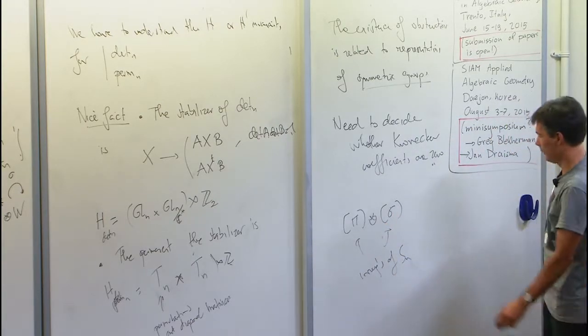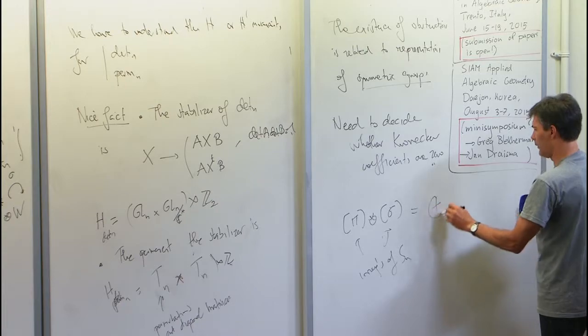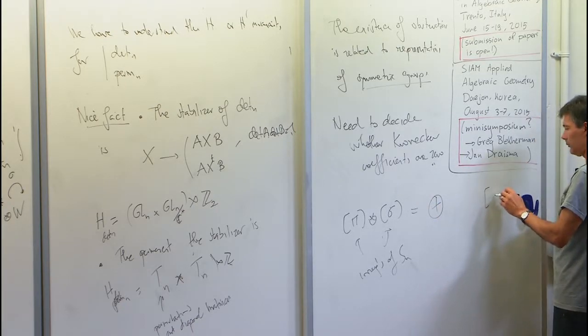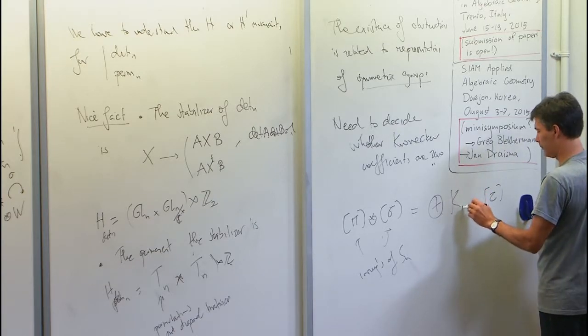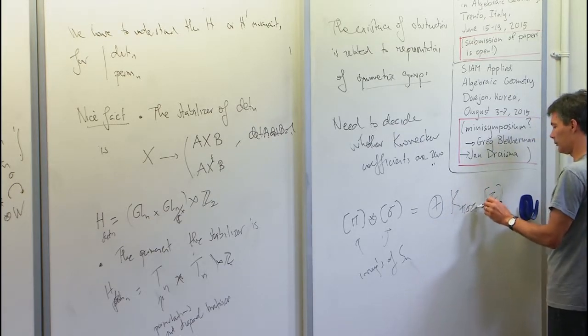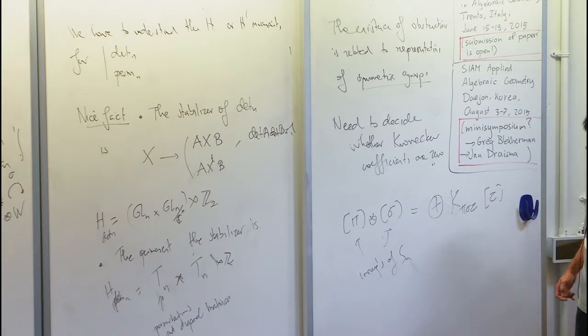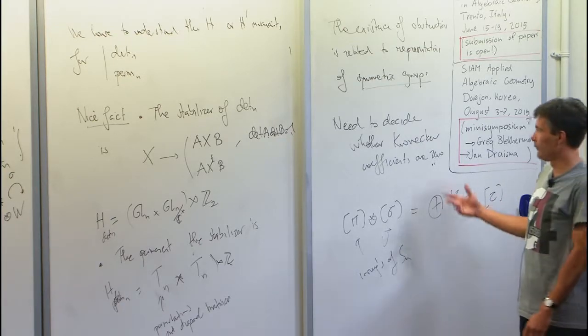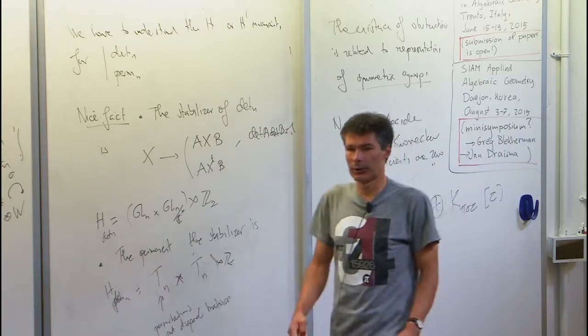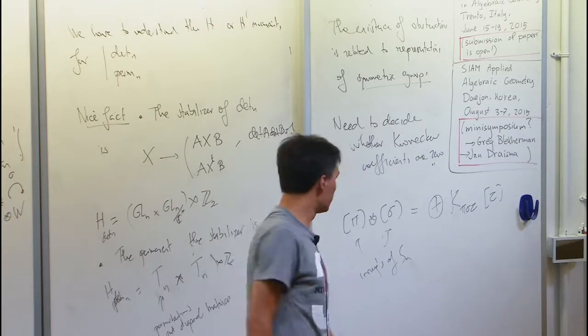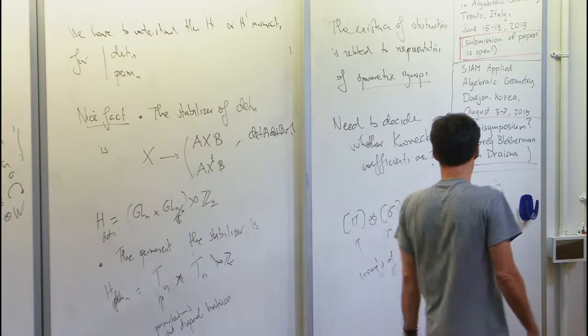This will split again as a sum of representations of the symmetric group with some multiplicities, which are the Kronecker coefficients. And then we need to decide whether certain of these Kronecker coefficients are zero, and for what reason they must be zero.